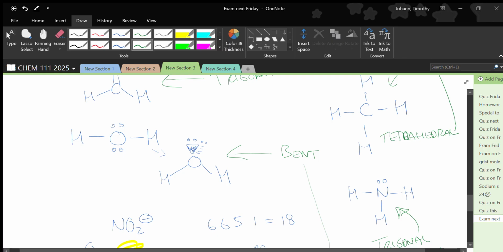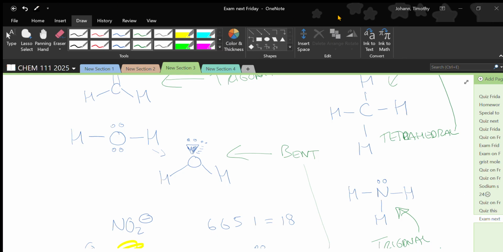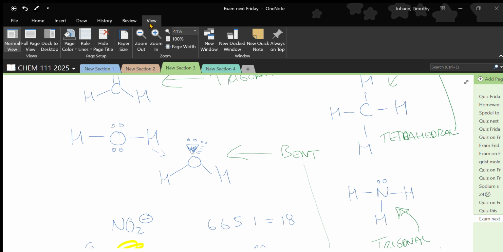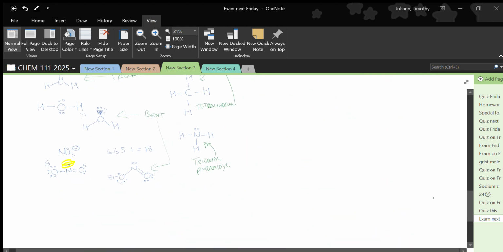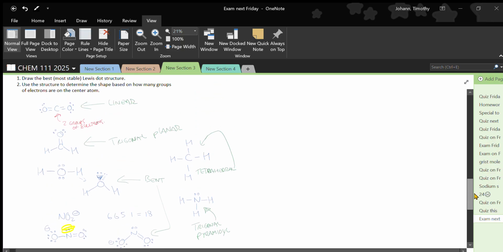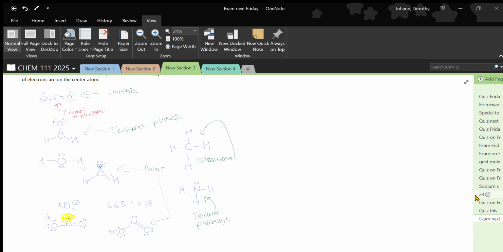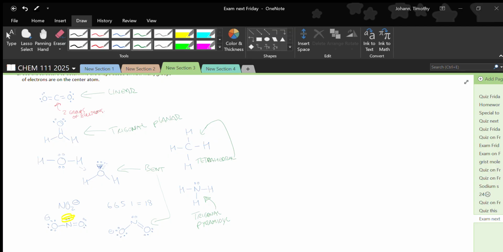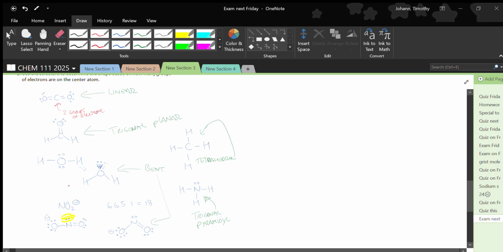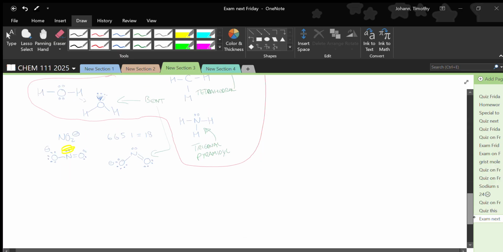So what I want to do is back out here in terms of magnification, and I want to get all of these on the screen at once. I want to point out once again that if I take water, and I take trigonal pyramidal, and I take tetrahedral, these are all subsets of tetrahedral.